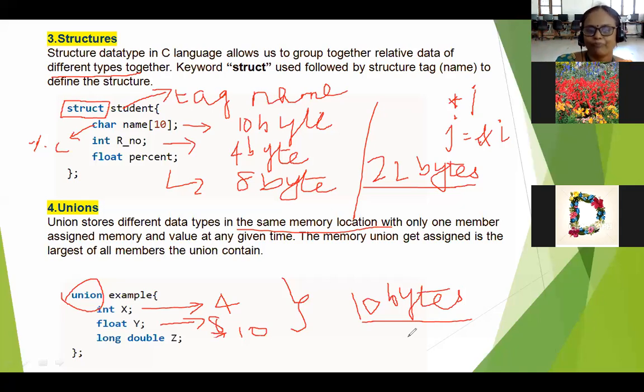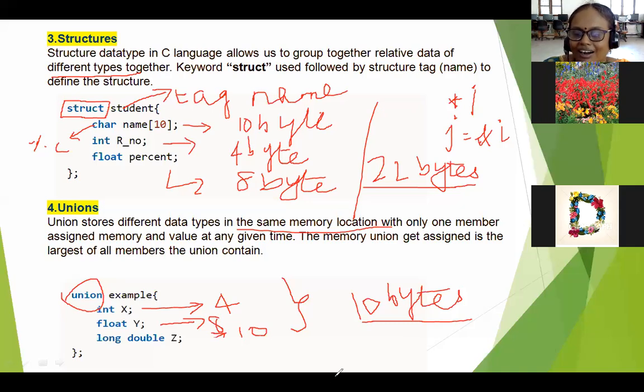Union can also handle different data types, but now what is the advantage? It will check which data type holds the highest memory space, and that will be assigned to the particular tag name, and the same memory location will be shared by the other data types. That is nothing but the union.